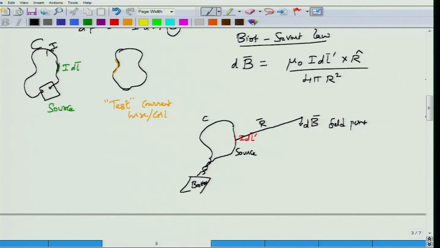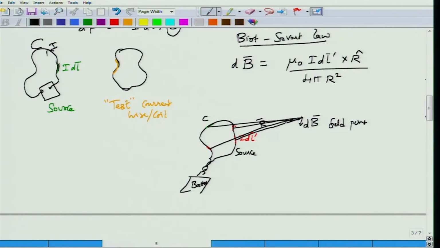So, if this is I dl prime, you take one more piece, and then calculate what is the field because of that. You take one more piece, right. So, I am taking this piece over here and calculating the infinitesimal contribution of this current element on the magnetic field, and similarly I will complete the circuit by going back from one point to another point, and at all points I would have calculated the contributions.